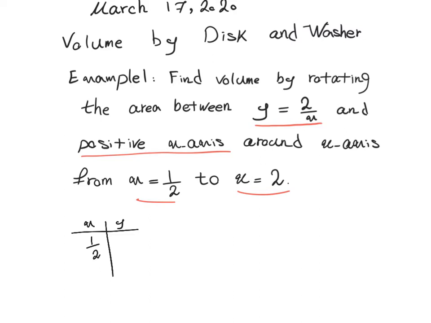If x is 1 over 2, y will be 4. If x is 2, y will be 2 divided by 2, 1. You may need more points for drawing, but we are interested in the lower limit and upper limit, which is 1 over 2 and 2. We are only interested in these 2 points, the area bounded between these 2 points.